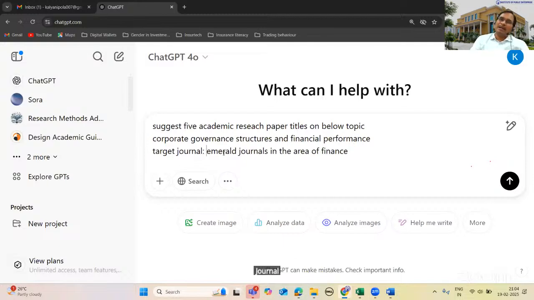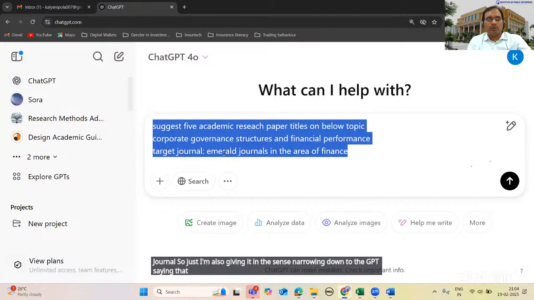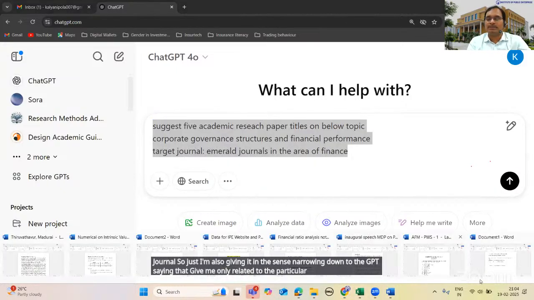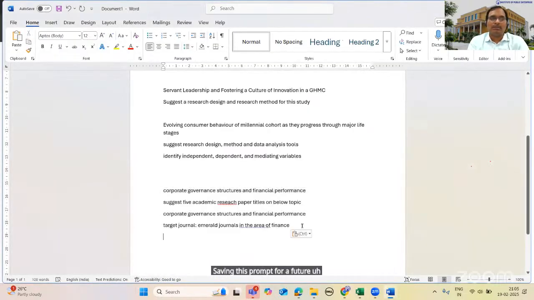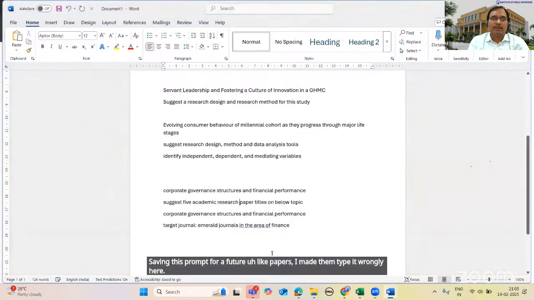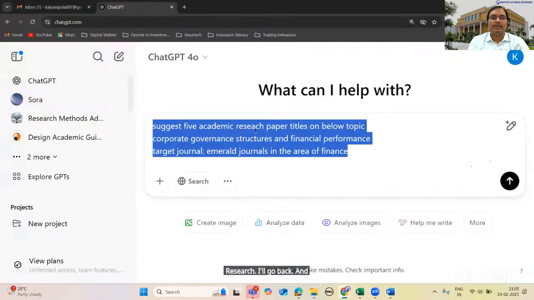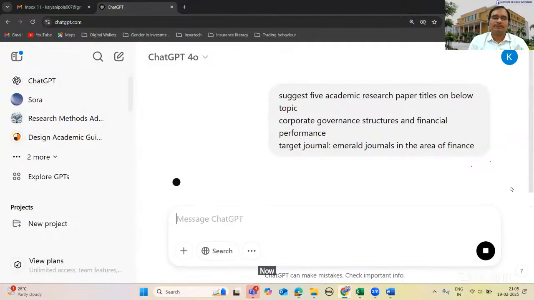I'm narrowing it down for the GPT, saying give me only those related to particular academic research journals. Saving this prompt for future papers. I typed it wrongly here, so I'll go back and do my error correction. Now this is done.